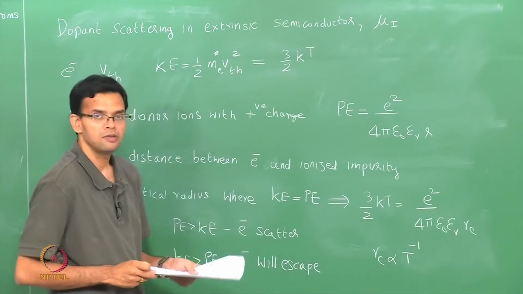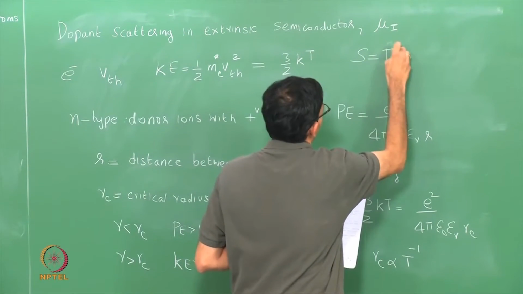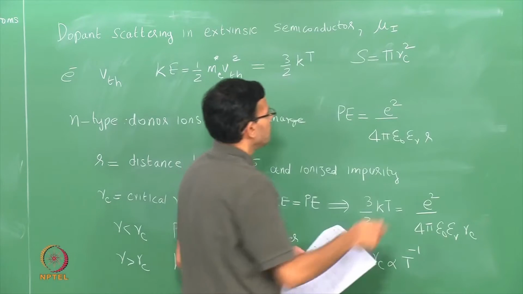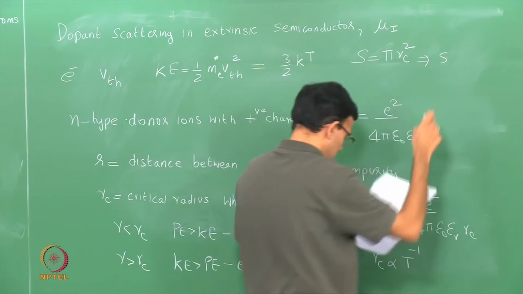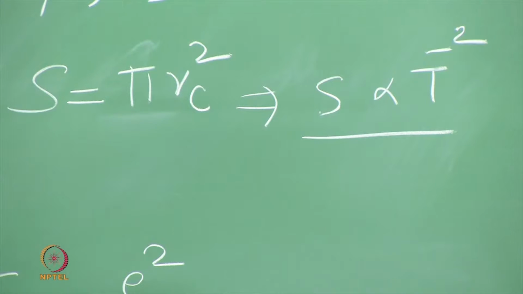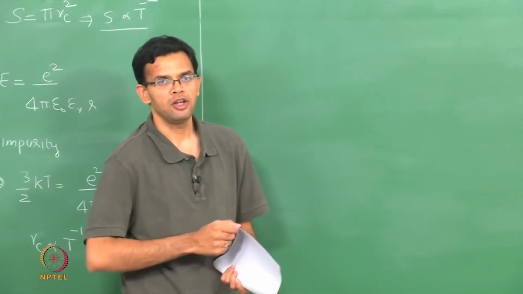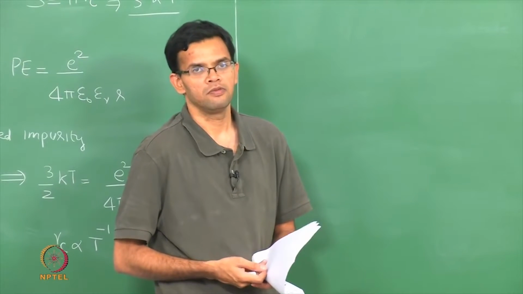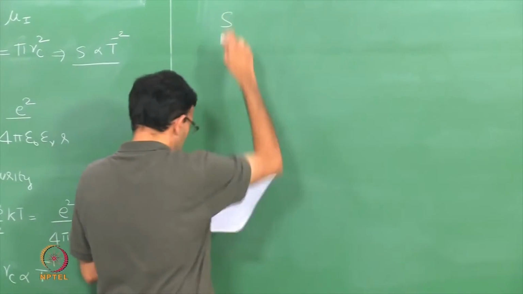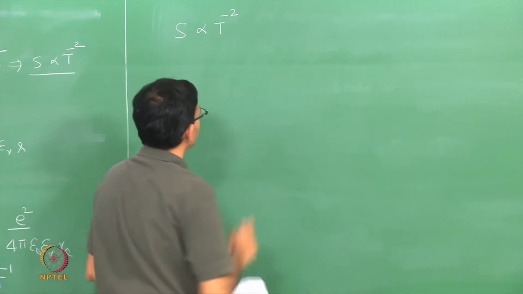Now, if you want to look at the cross section for scattering, S is nothing but pi RC square, and knowing that RC is proportional to 1/T, S is proportional to T to the minus 2. So, in the case of an extrinsic semiconductor, where we are looking at the interaction of the electrons with the ionized impurities, we find that the scattering cross section area S is proportional to T to the minus 2.